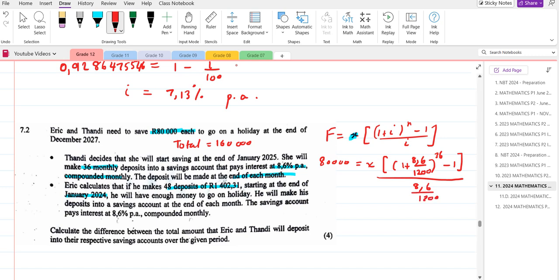Now to solve this, x is equal to 80,000 multiplied by 8.6 over 1200 and divided by all of this.